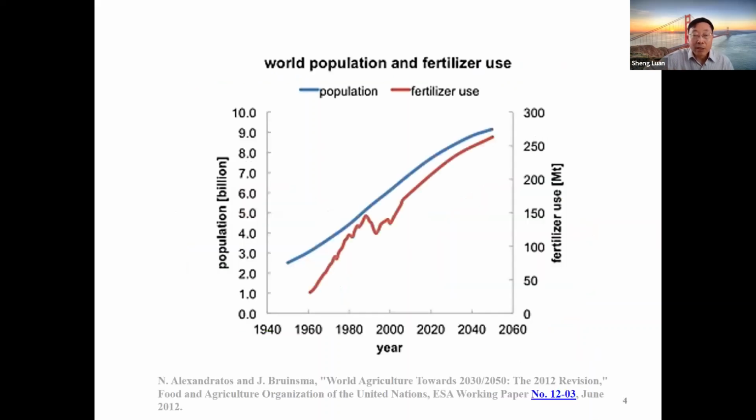And this prediction leads to these two curves. The population growth and fertilizer use are going to move up hand in hand, right? And very closely. So that is not sustainable because we know many fertilizers come from natural resources that are being depleted.